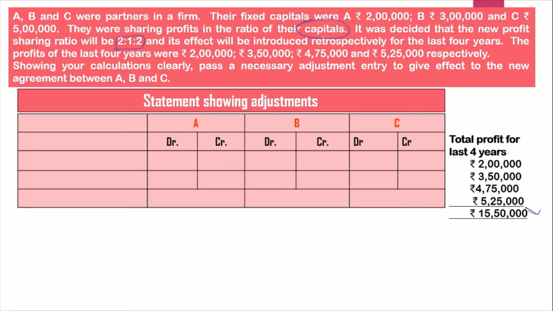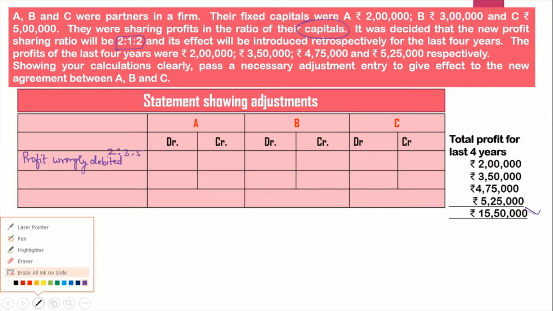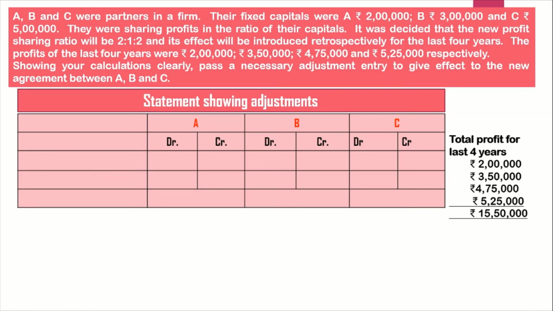Okay, so first step I'll take out the profit. Profit wrongly credited. Wrongly in which ratio? Capital ratio, which is 2 is to 3 is to 5. This we have already credited to them, and now we are debiting, so that the effect is 0.